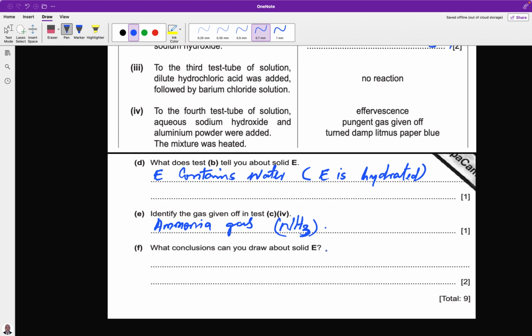Obviously, solid E could be a hydrated salt or a nitrate, because nitrate will give ammonia gas that turns damp litmus paper blue. It's possible with nitrate. Or we can say it is a hydrated salt.